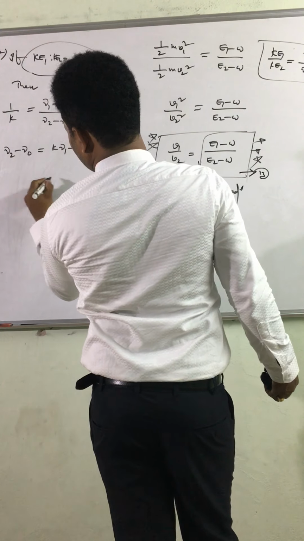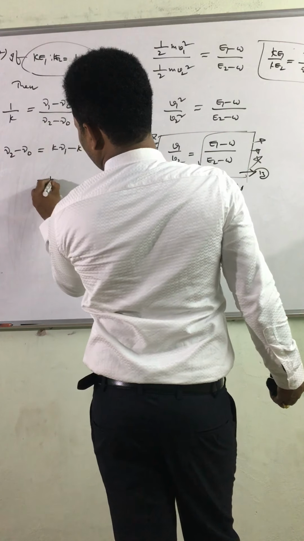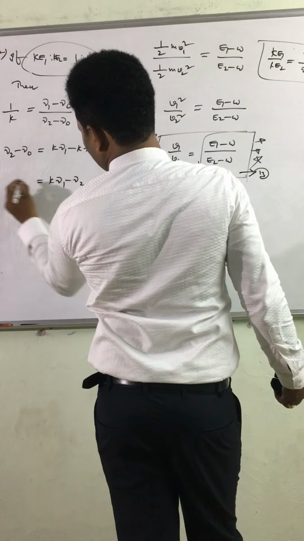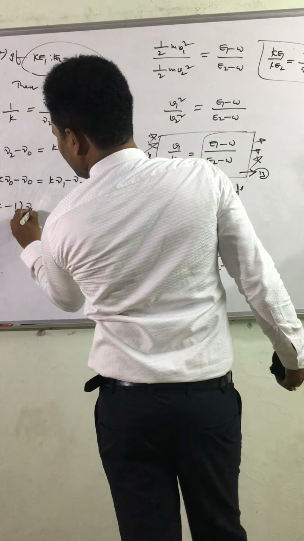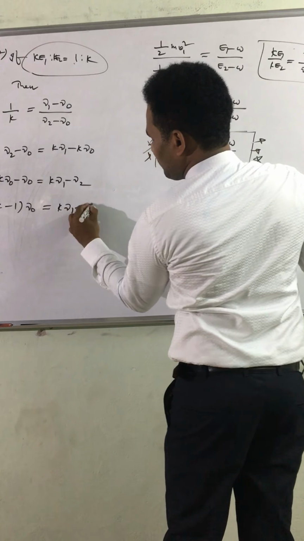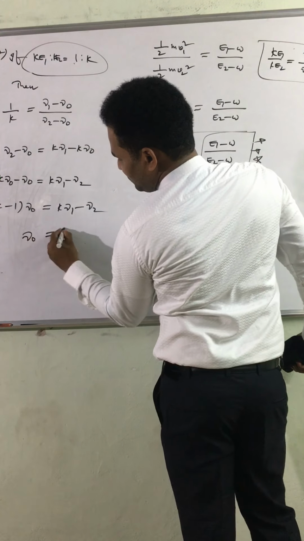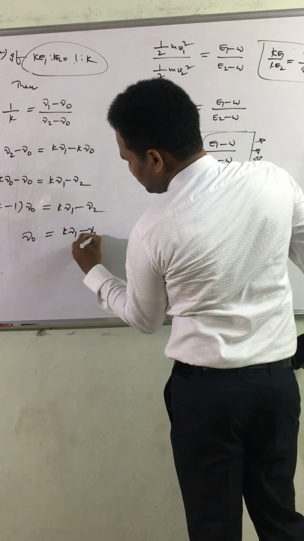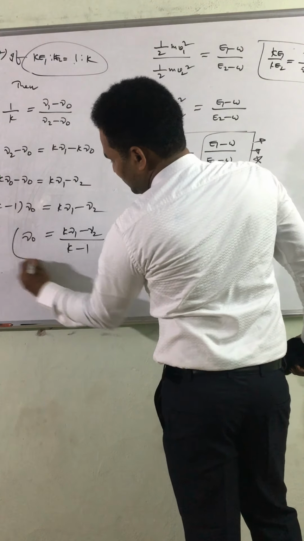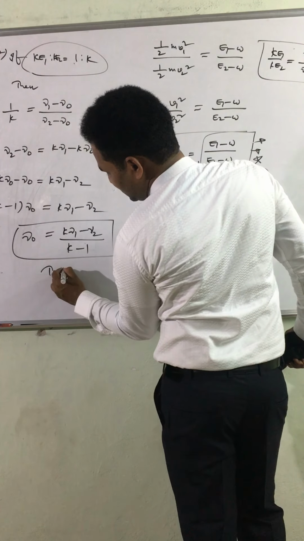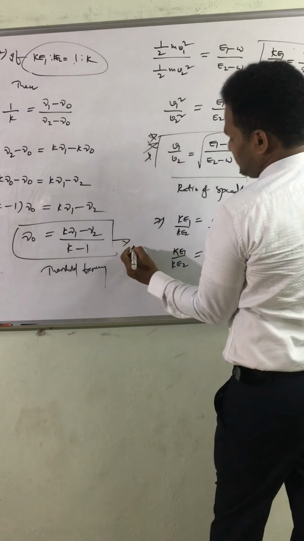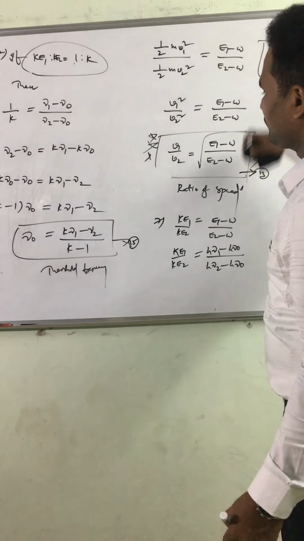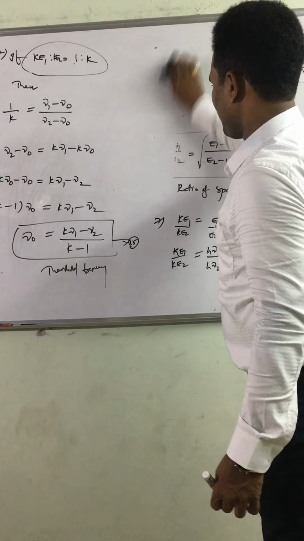So K nu1 minus nu2 is equal to K nu0 minus nu0. K minus 1 into nu0 is equal to K nu1 minus nu2. So nu0 is equal to (K nu1 minus nu2) by (K minus 1). This is for threshold frequency. This is also a previous year question. Understand?